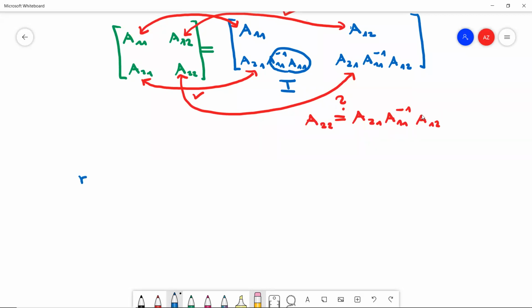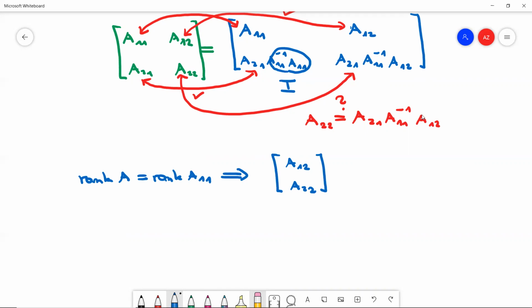So rank A is equal to rank A11 implies that the columns from the second block of the decomposition of A, which is A12, A22, belong to the column space.